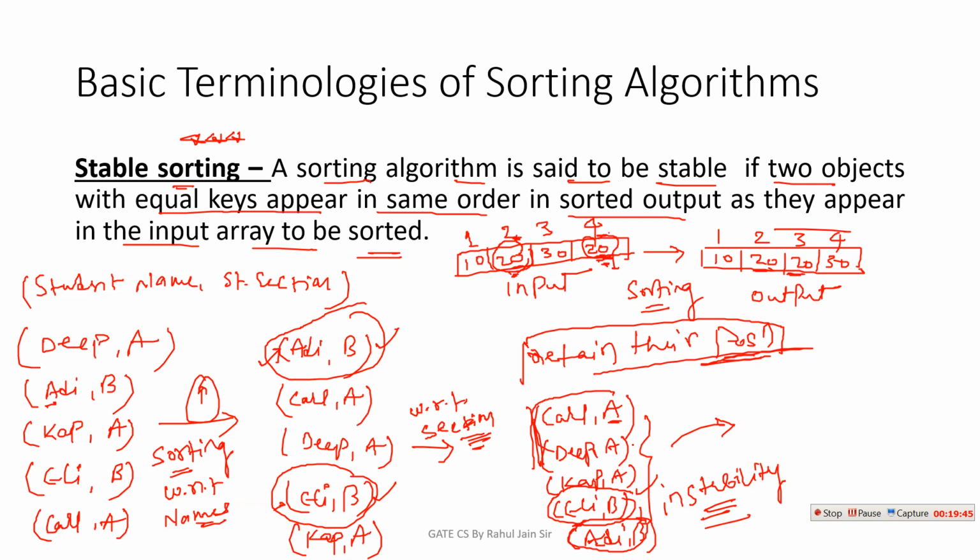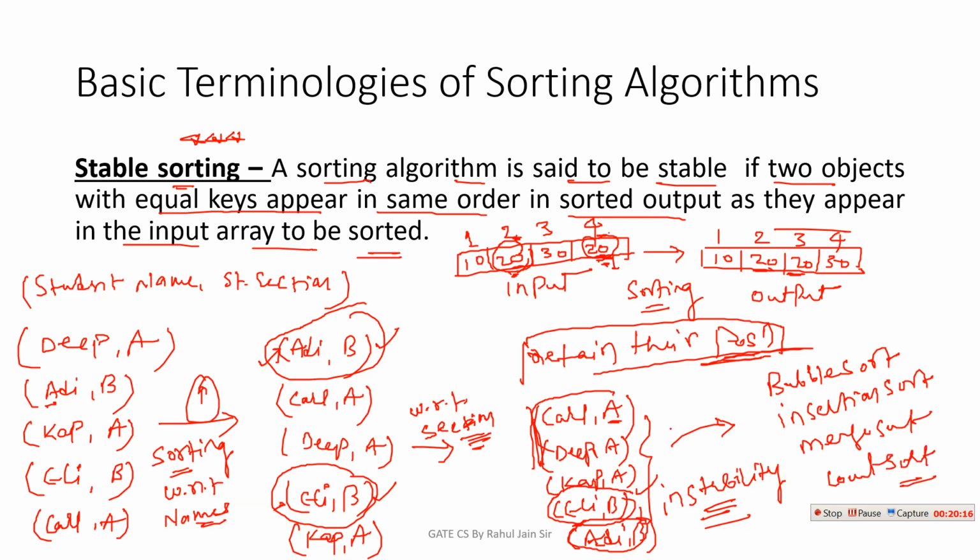So it depends. Why does it depend? Because if you say bubble sort, insertion sort, merge sort, and count sort, they all are stable.